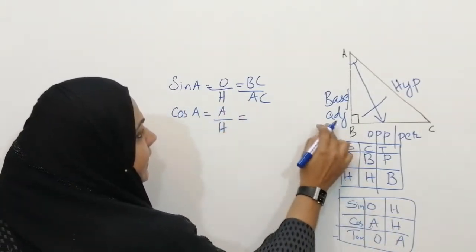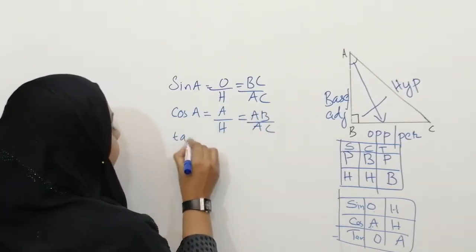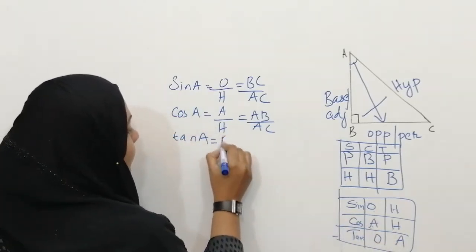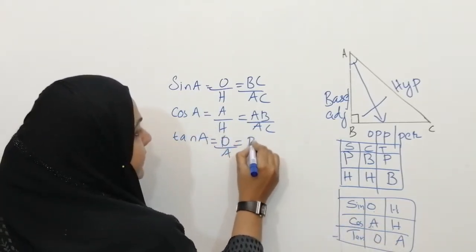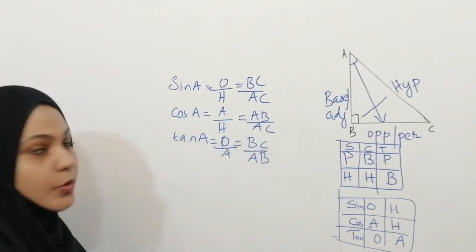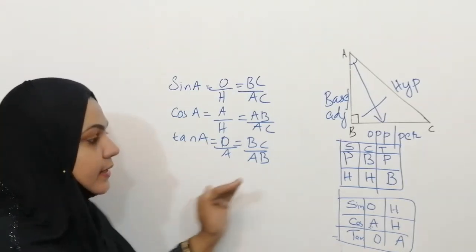So what is adjacent here? AB to AC. Tan A is equal to opposite to adjacent. So BC opposite to adjacent, that is BC to AB. So you understood how we have to take sine A, cos A, tan A using this trick.